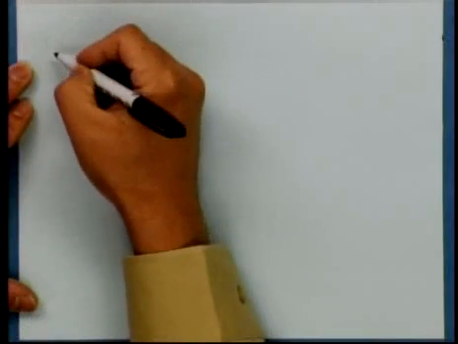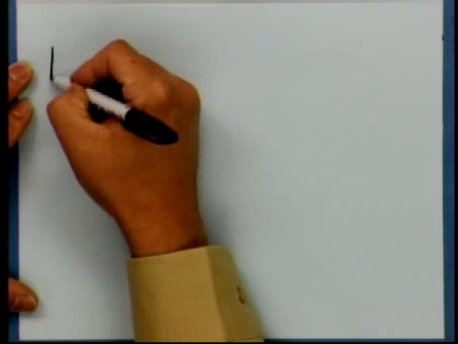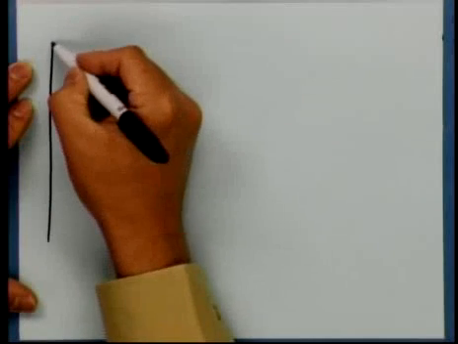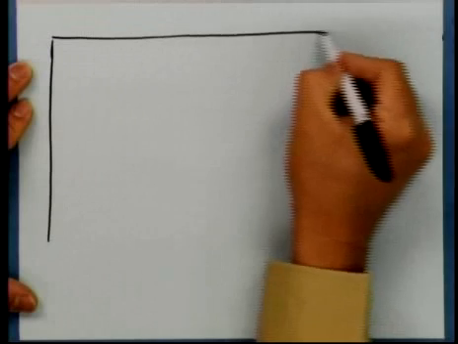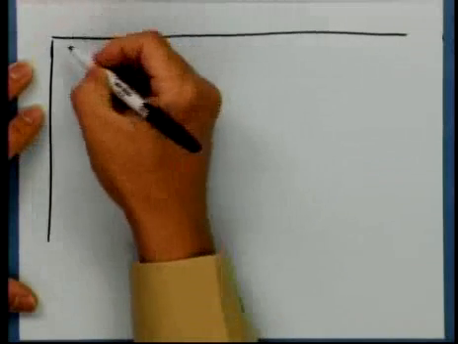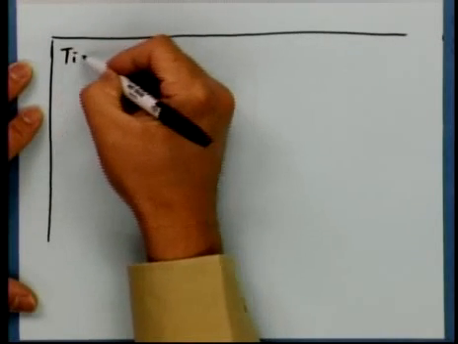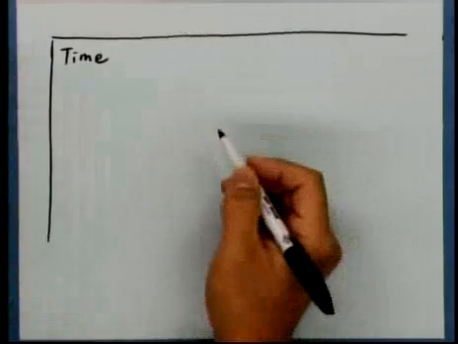So let's make a table of cash flow this way. The very first column is the timeline.